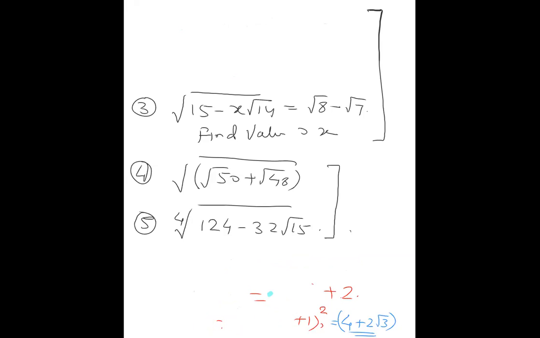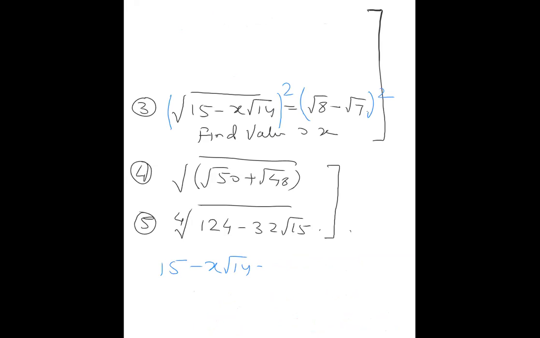Right, for the third question again, squaring both sides. When we square both sides, I'm getting this is 15 minus x root 14 is equal to a square is 8, b square is 7 minus 2 under root of 8 into 7, 56.